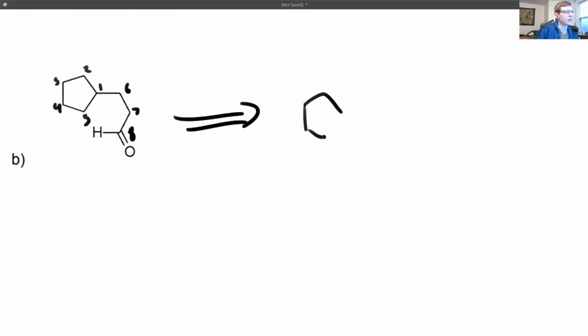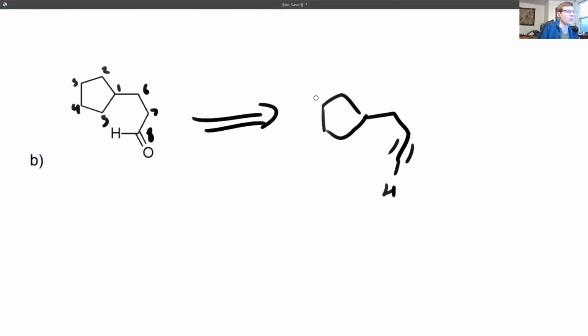So let's say we start with this structure here, right? With an H on here. So what we could do is step 1, you can add disiamylborane. It's not borohydride, it's something else, but whatever.